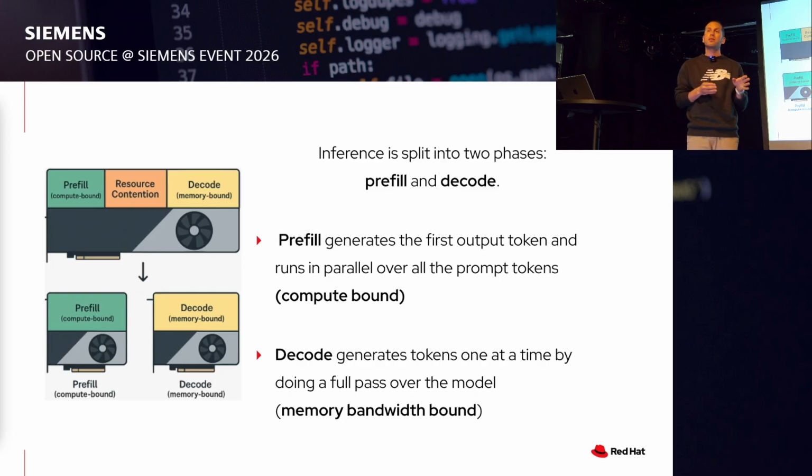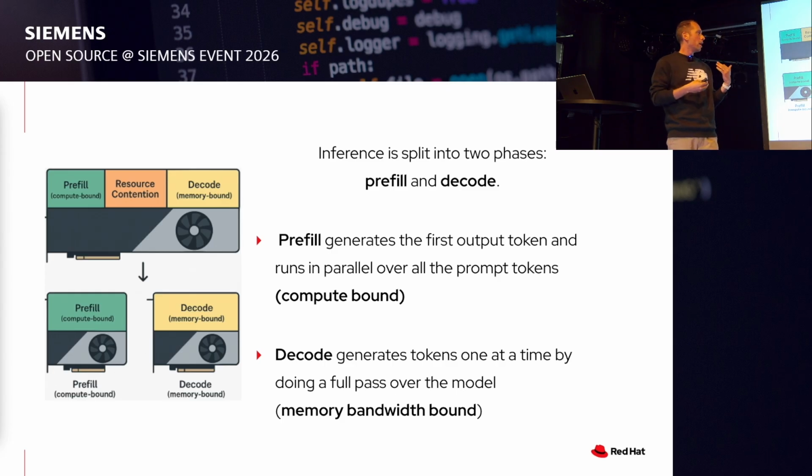This means that this phase is memory bandwidth bound, because the input length is very short, just one, right? So most of the time that you will be spending in this phase is moving things from memory, from the high bandwidth memory of the GPU, like the KV cache and the model weights, to the tensor cores, so that the weights are available to make the required computation.